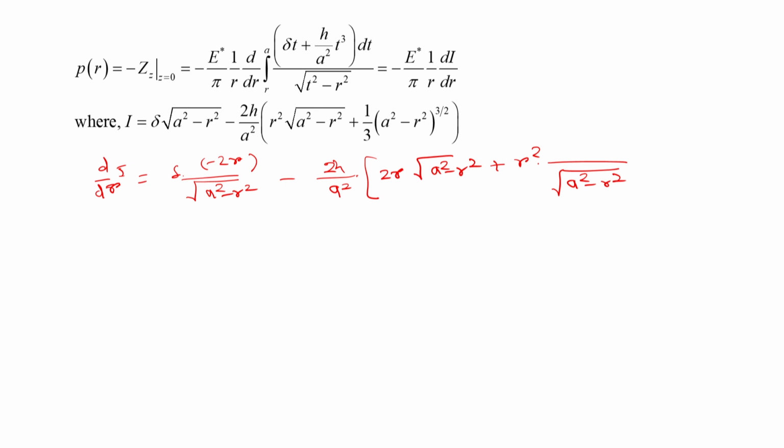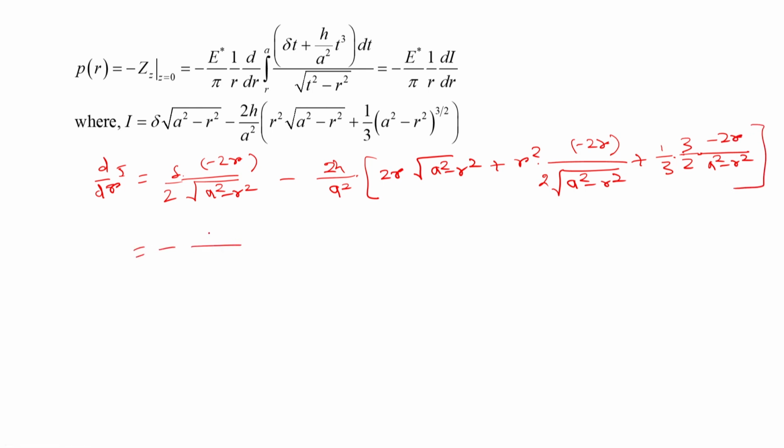I hope I am doing it correctly. So I think half has to be there here, and it is 2r into this, so r square. So it is half here, and this is minus 2r here, and plus 1 by 3, and this is 3 by 2, and here it is minus 1. So it will be a square minus r square and minus 2r.